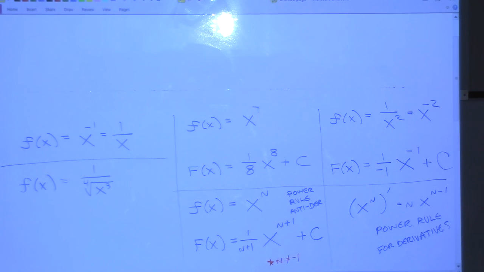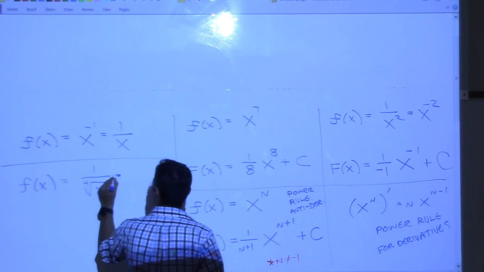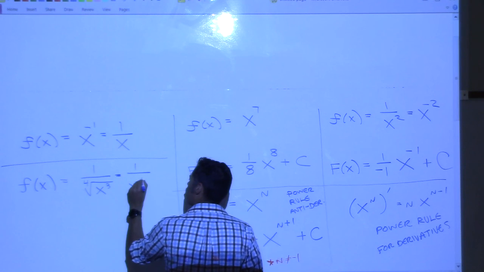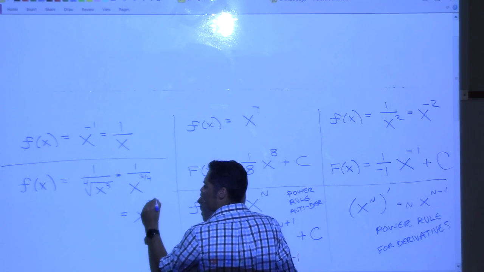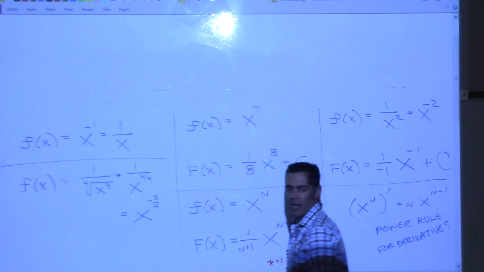We're not taking a derivative. Reverse chain? Not yet. No reverse chain rule yet. So it's the same thing as saying x to the negative 3/4, right? This is the same as saying 1 over x to the 3/4, which is the same as x to the negative 3/4. That is correct, Jackson.